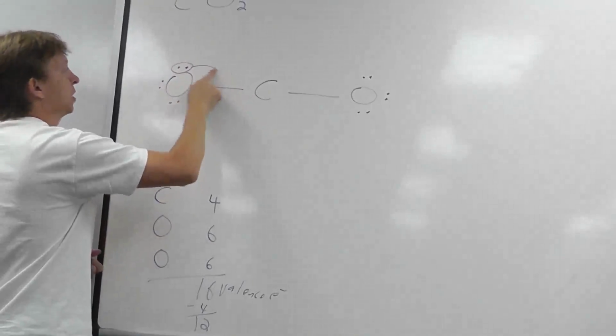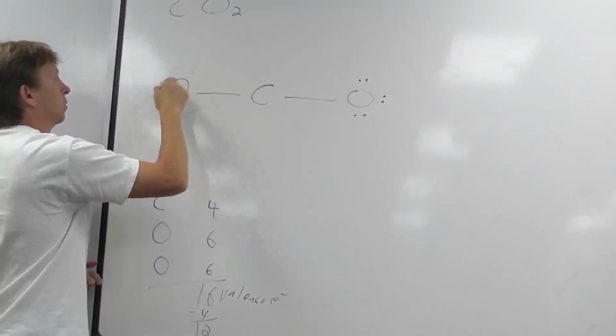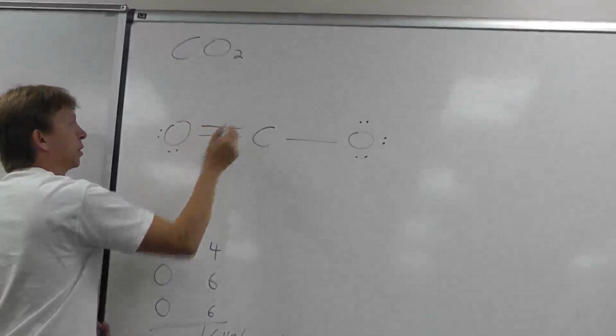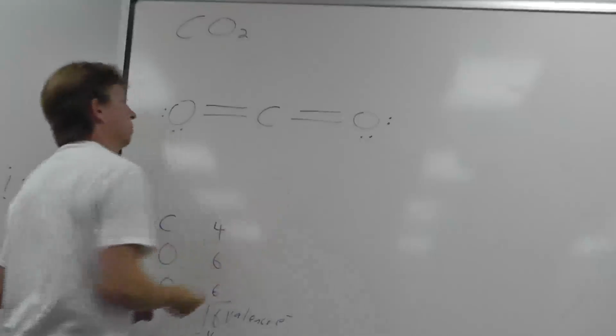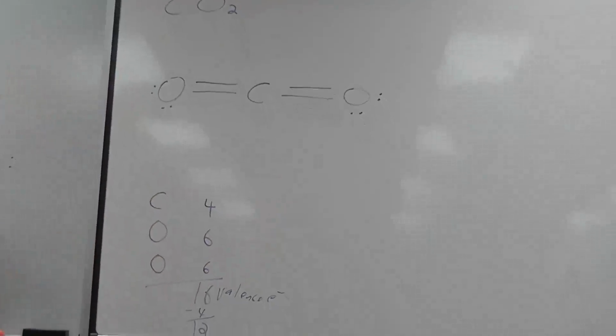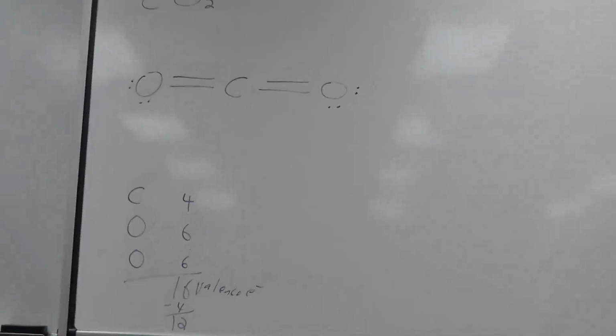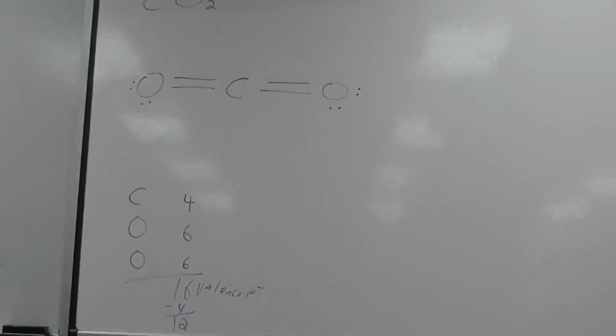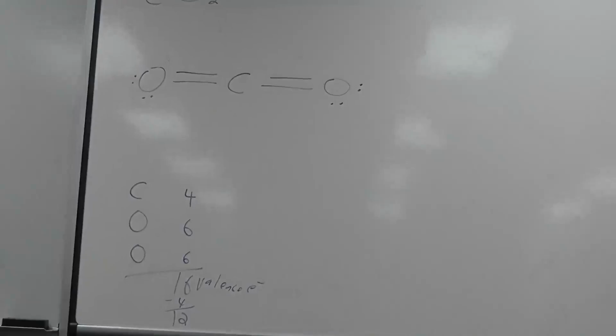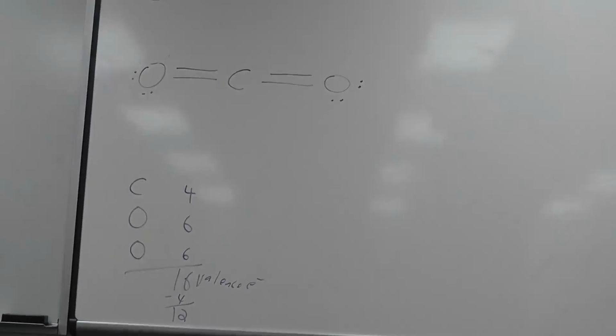So if this oxygen takes 2 electrons of its own and makes a new bond out of that, and this one does the same, look how that changes your structure. Now does everybody have an octet? Yes. Now does everybody have their preferred number of bonds? Yes. Right?